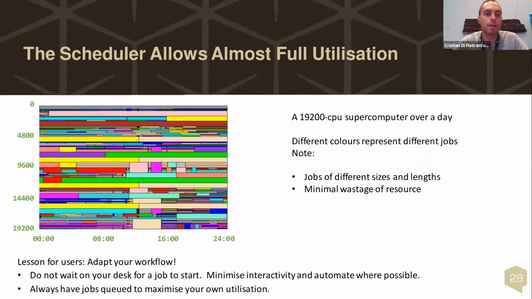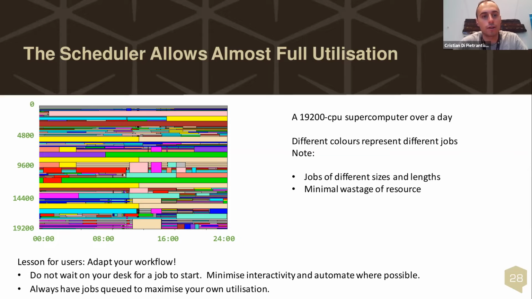So in this picture, it's a rather, at first, messy representation of the utilization of a supercomputer. On the x-axis, we have the start and end times, or the timeline. And on the y-axis, we have the CPU IDs.